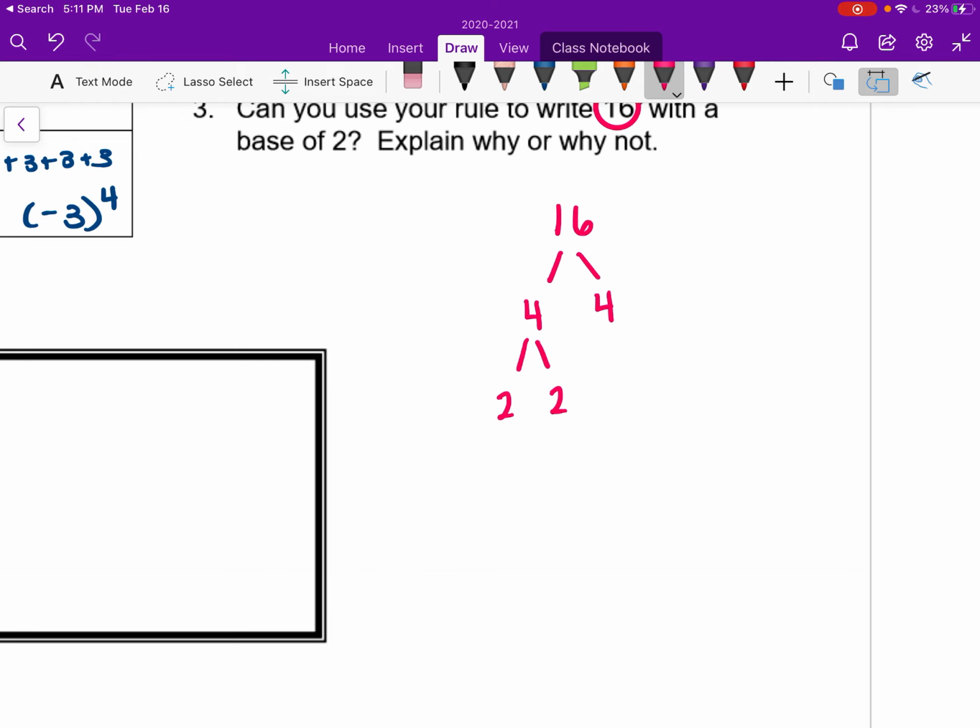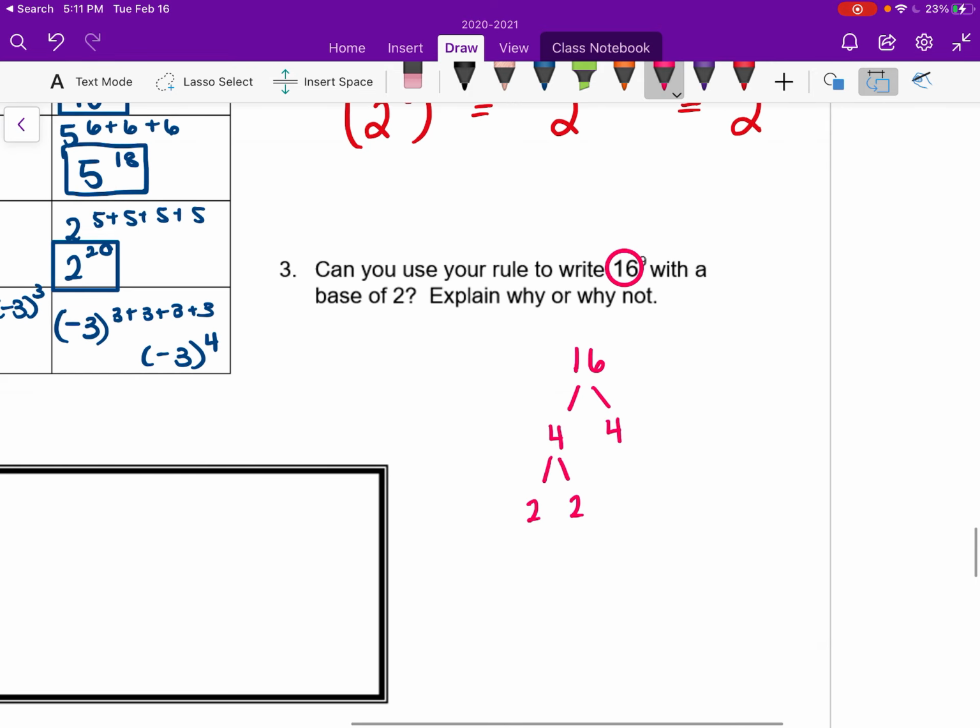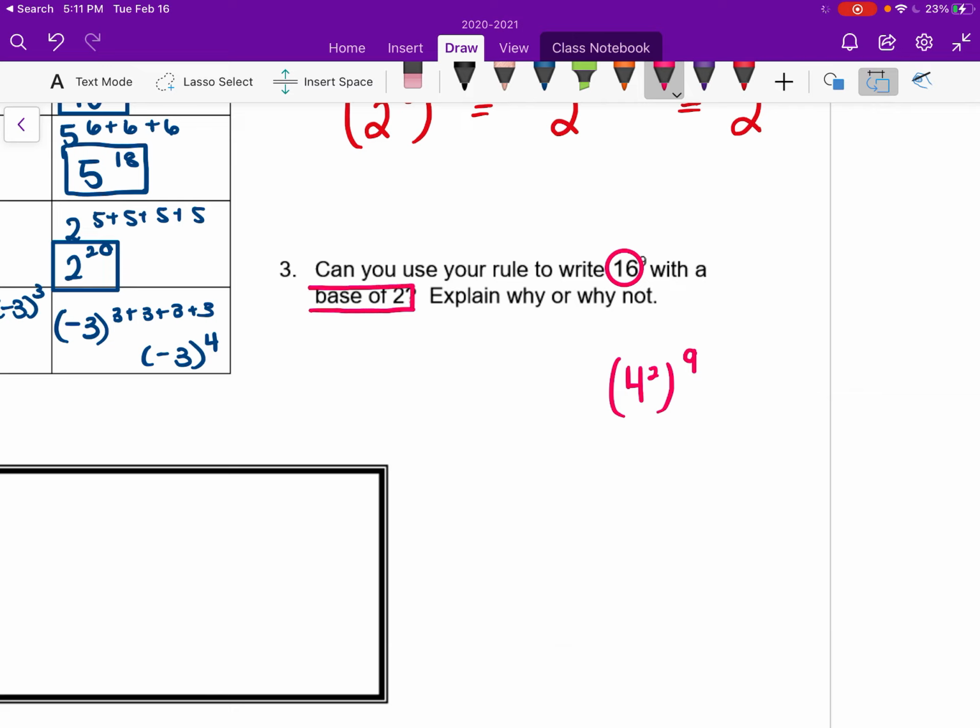So I can write it as 4 squared, all to the power of 9, because that's the same thing as 16 to the power of 9. But I want a base of 2, so I'm going to go one step further and break that 4 apart too: 2 squared, squared, all to the power of 9.